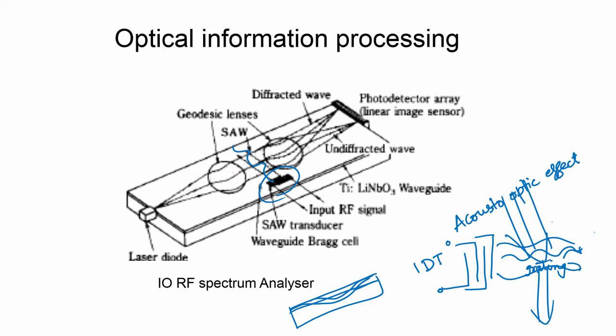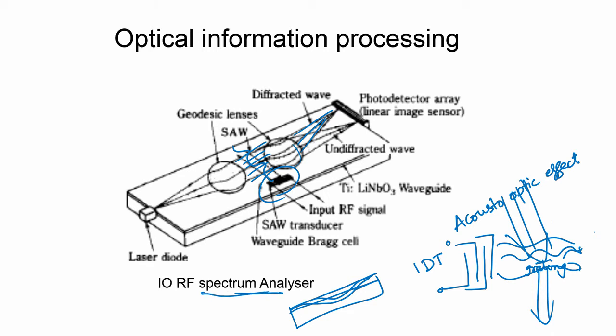So, the input lens would spread the beam across this grating, and the output lens will help to redirect the various components of the signal onto the appropriate output photodetector array. So, this is a configuration. I will call it an application to spectrum analysis.